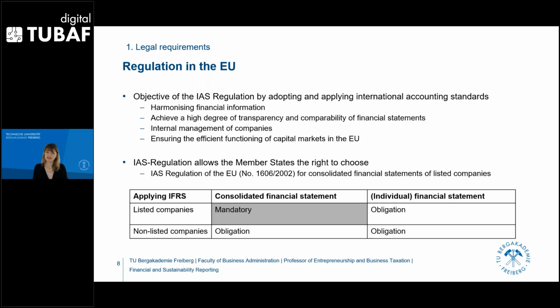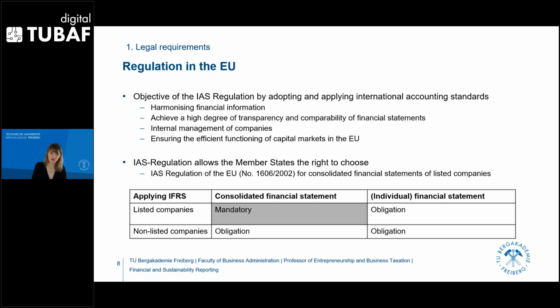And the member states have to decide if they want to allow that for the companies which are located in their member state. So for Germany, for example, it's not possible to have an IFRS statement for individual financial statements instead of a statement which is based on local GAAP.